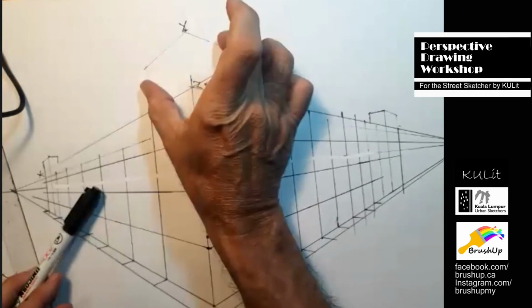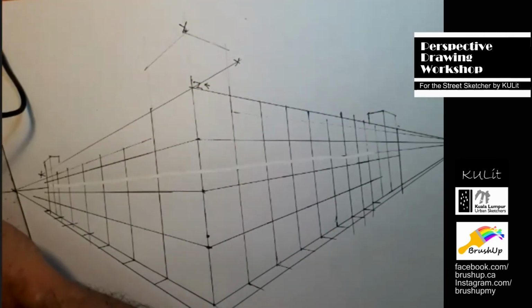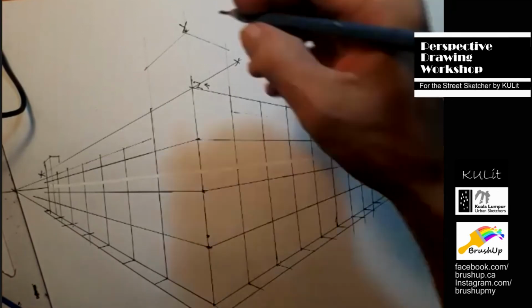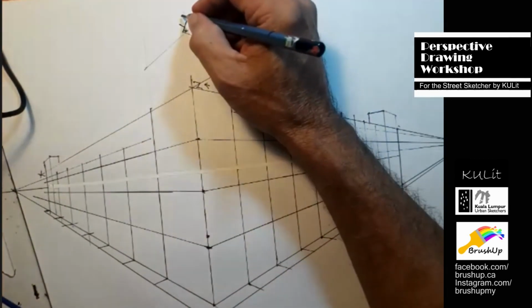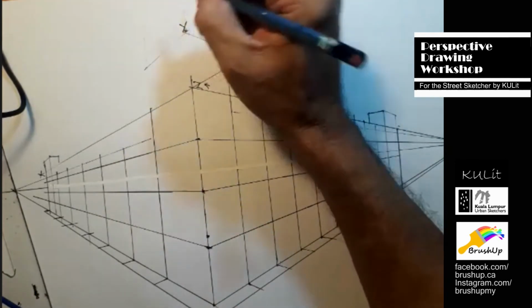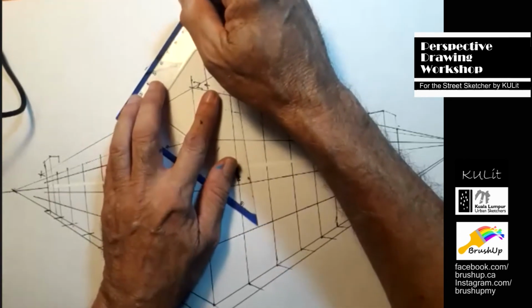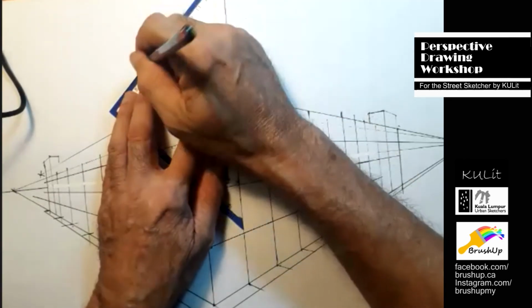When you have a building like this, you can also have a roof. What kind of roof is this? A conical roof. Usually that's what they have. Let me just try this.